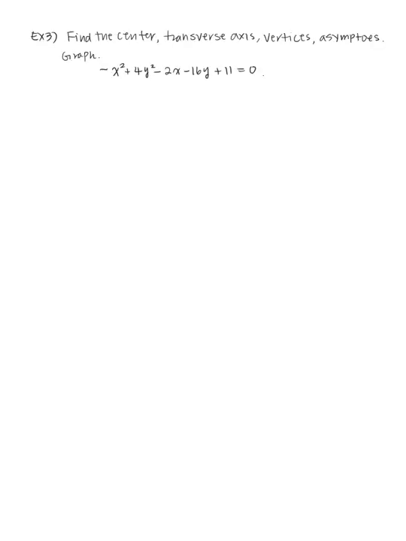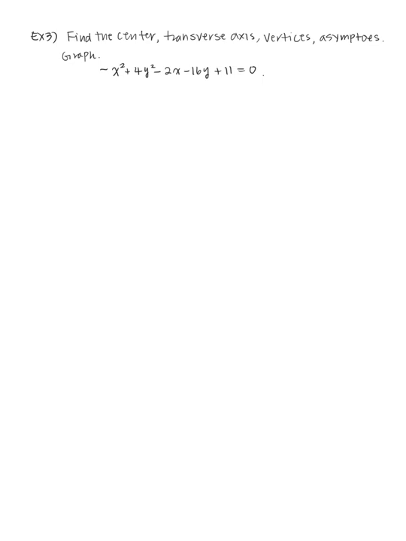Let's take a look at an example like this. Find the center, transverse axis, vertices, asymptotes, and graph of that equation. So guess what we need to do? Yes, we must complete the square. Let me first rewrite this with the x's together and the y's together.